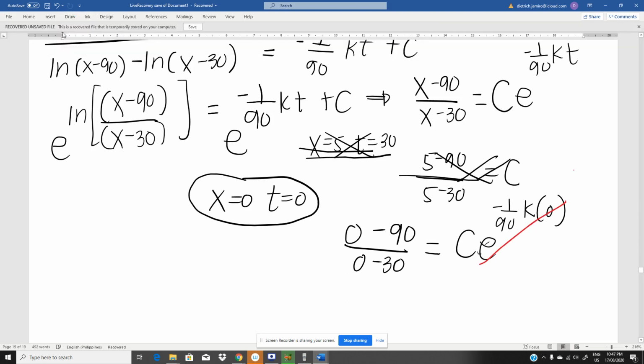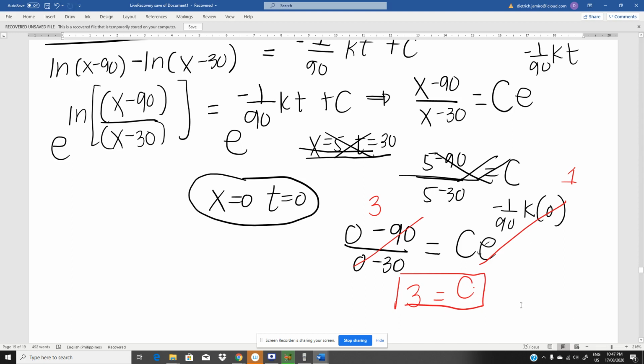So this one will become 1 because e raised to 0 is equal to 1, and this one will become 90 over 30, that's equal to 3. So we will have 3 is equal to c.